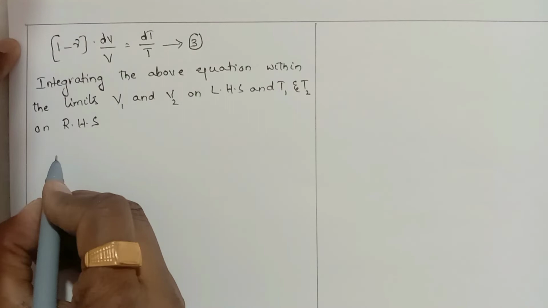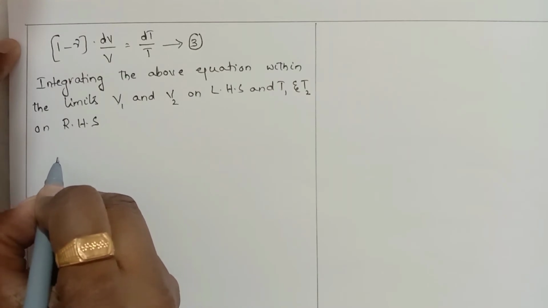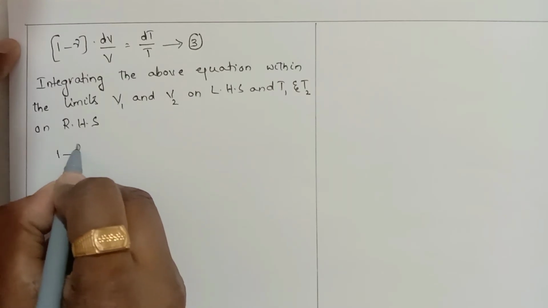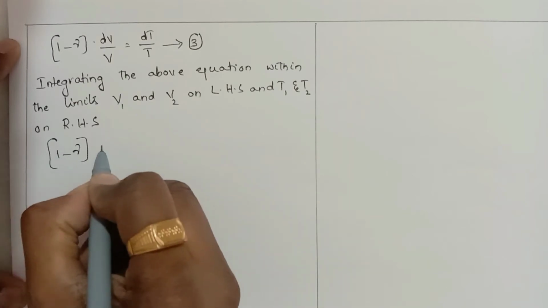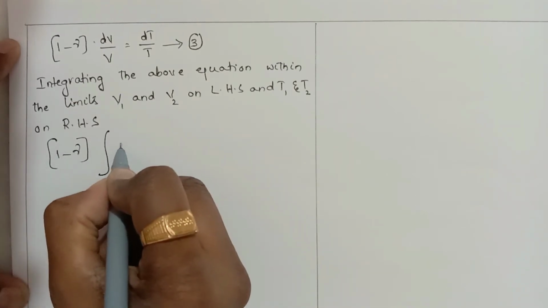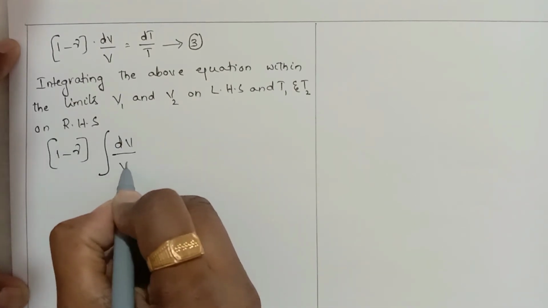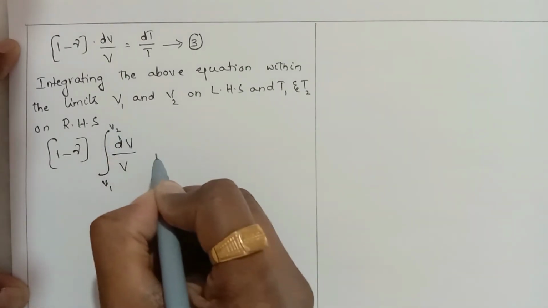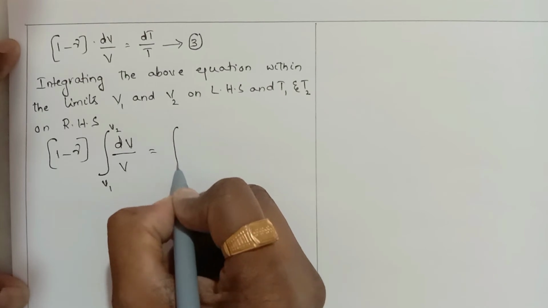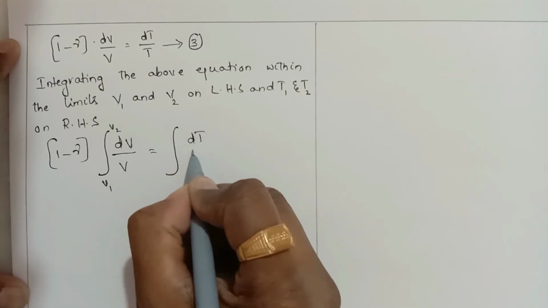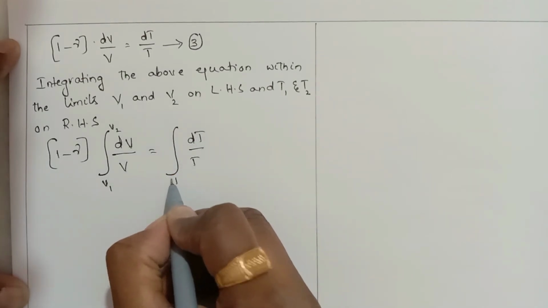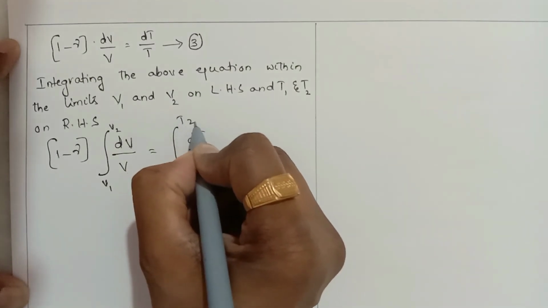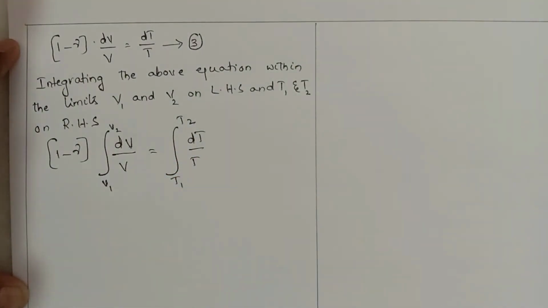So how to write, I will show you here. 1 minus gamma integral dV by V within the limits V1, V2 is equal to integral dt by T within the limits T1 and T2. Okay.